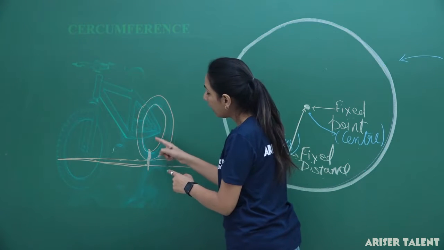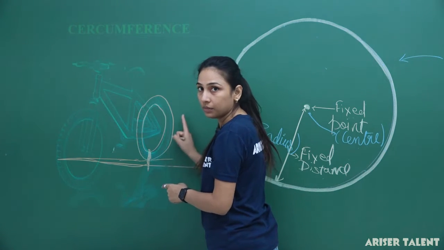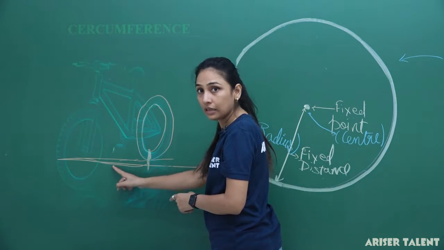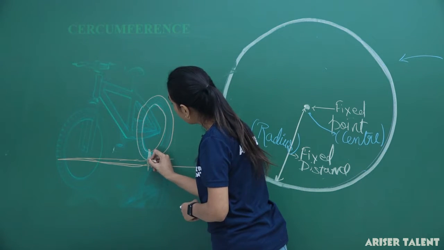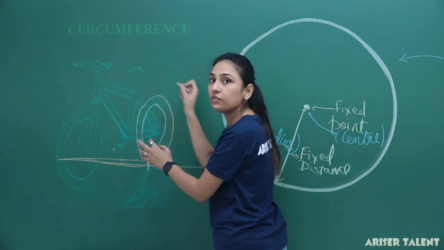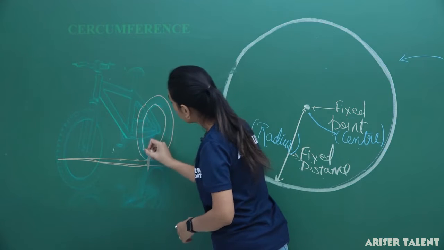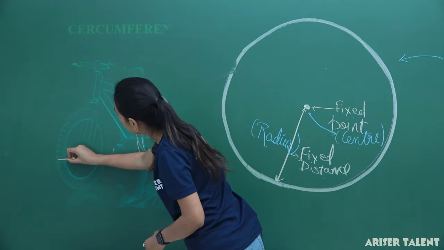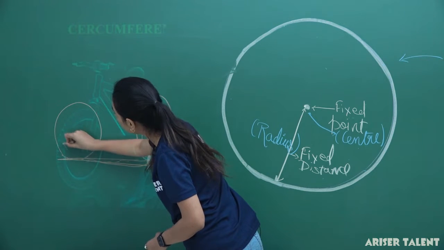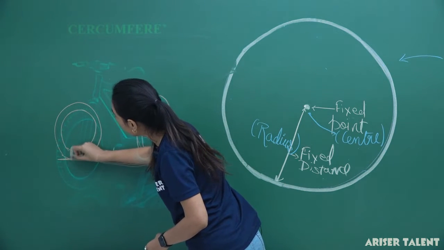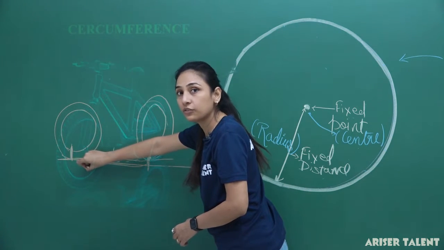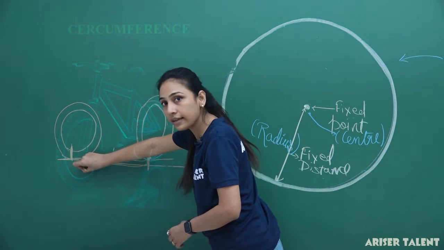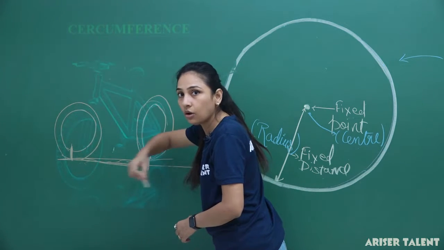Now, what I did, I ride the bicycle. Because this wheel will rotate, this tire will rotate, so when the point will again be there, this will be the situation of this tire where I'll get that point again in contact with the line I have marked on the road.